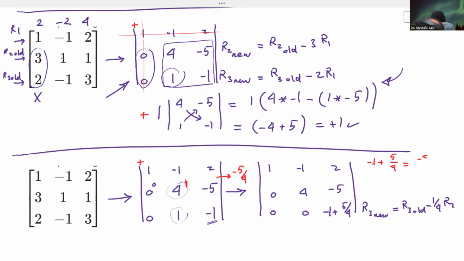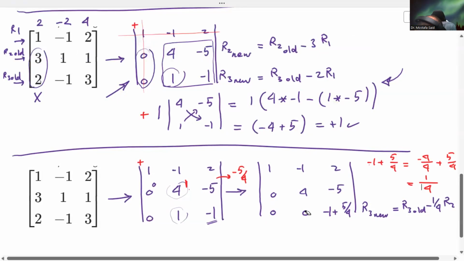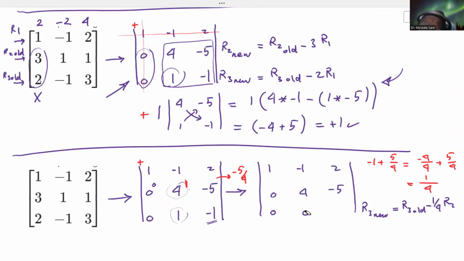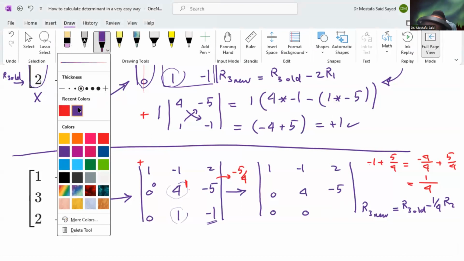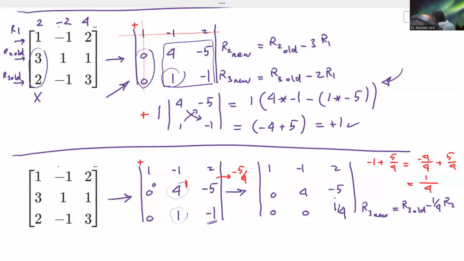So minus 4 divided by 4 plus 5/4. So that's a quarter. Okay, so we can remove that here and write 1/4.